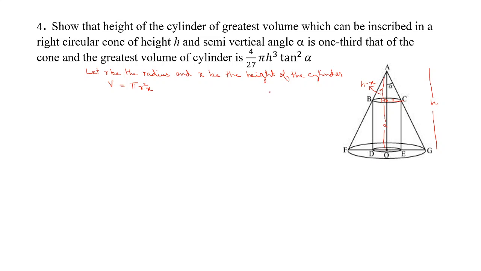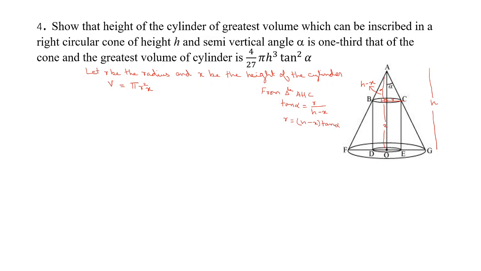Now from triangle AHC, tan alpha, that is tan of this angle, will be equal to r by h minus x. So the radius of the cylinder will be h minus x into tan alpha.